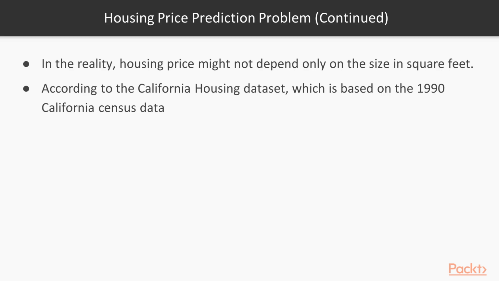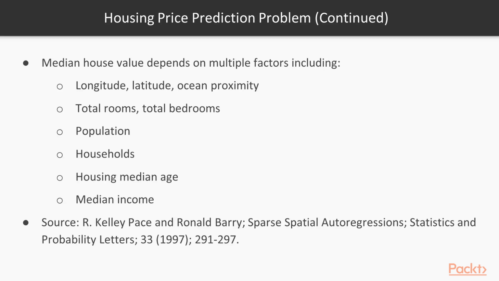In reality, housing price may not depend only on the size in square feet. According to the California housing dataset, which is based on the 1990s California census data, median housing value depends on multiple factors, including the location, like longitude, latitude, and ocean proximity, and also the total rooms and total bedrooms, and also the population in those areas, and the households and median incomes, as well as the housing median age.